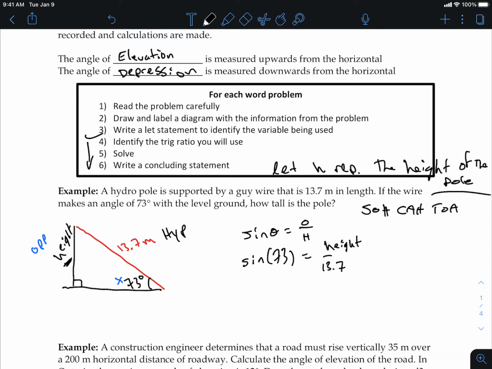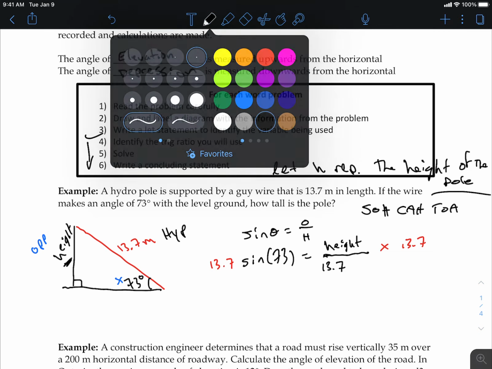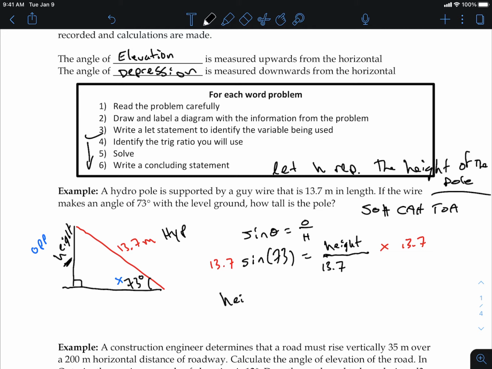Okay, so I'm solving for the height. How do I get the height by itself? Multiply both sides by 13.7. So the height is 13.7 multiplied by the sine of 73.